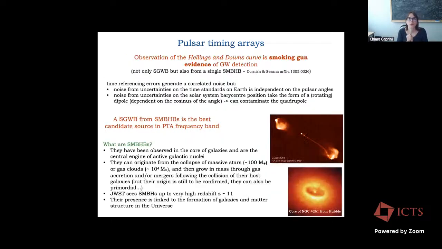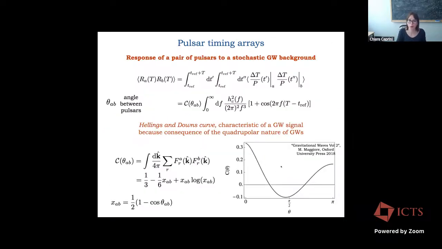Okay, so the point is that, of course, we have many sources of noise, as I said, but for example, the noises that are not beaten down by this correlation, which are typically the noise from the uncertainties on the time standards on Earth and the uncertainties on the solar system barycenter position, do not induce this particular shape of the cross correlation.